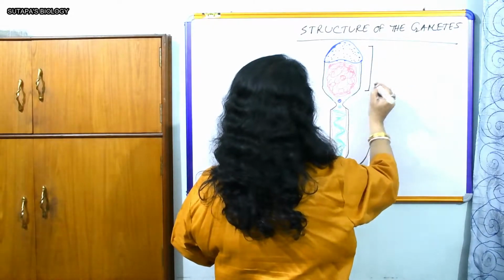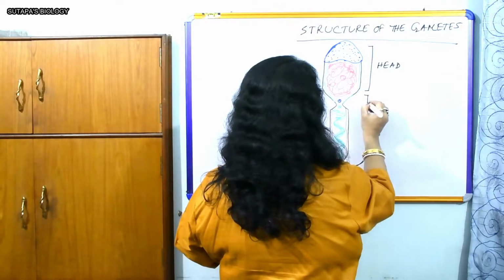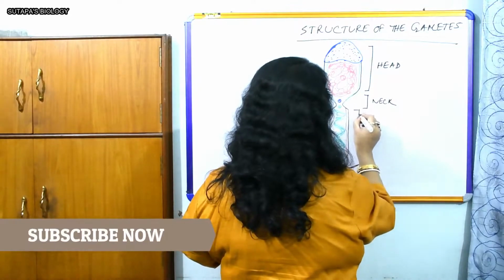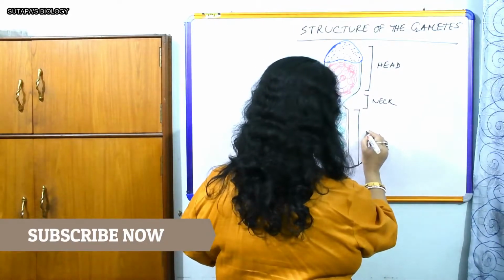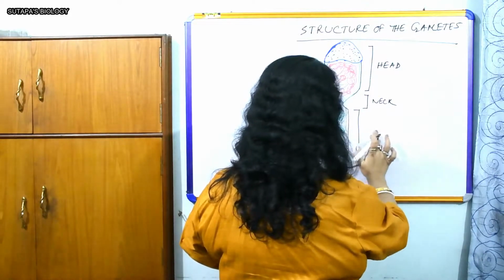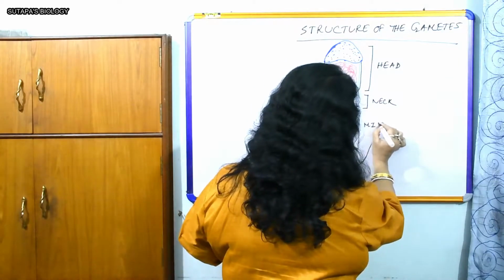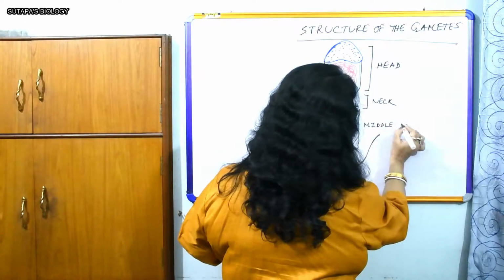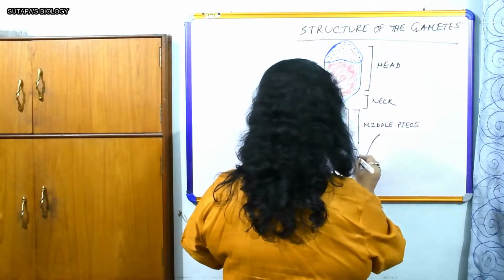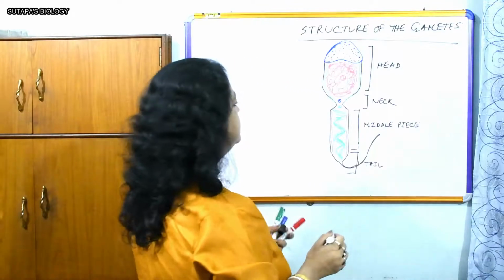There is head, next part is neck, next one is up to flagella, this is tail. Sorry, middle up to this is middle piece. And then this is the tail. So 4 parts are there.